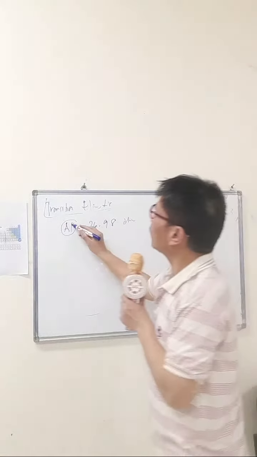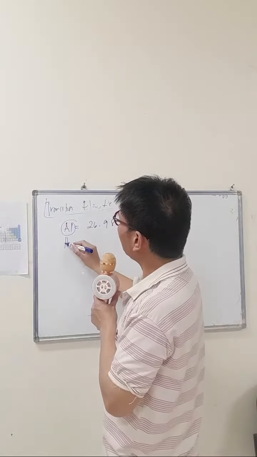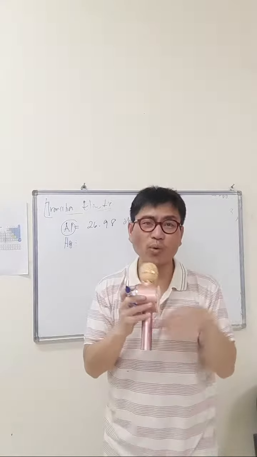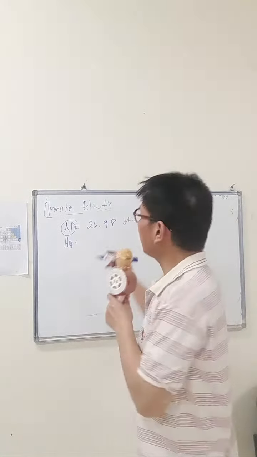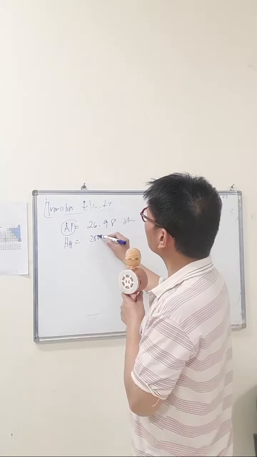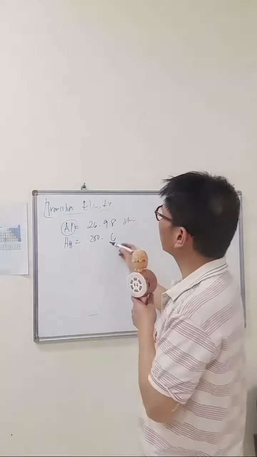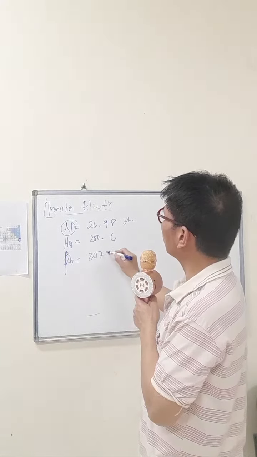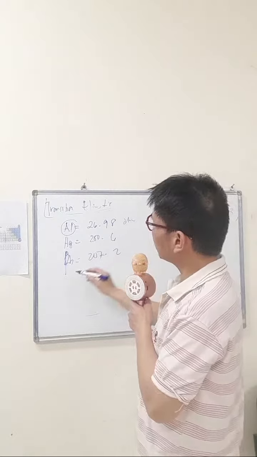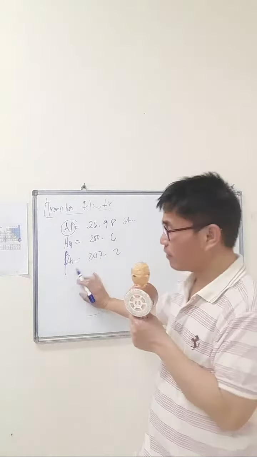And then, we have the mercury. It's very important in our measuring of our blood pressure. So, mercury is 200.6. Lead is 207.2. And then the gold, you will become rich if there's a gold.